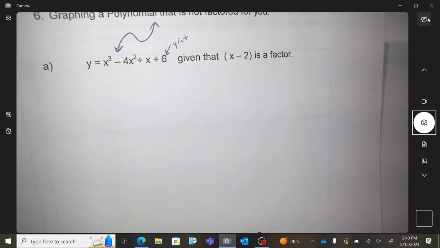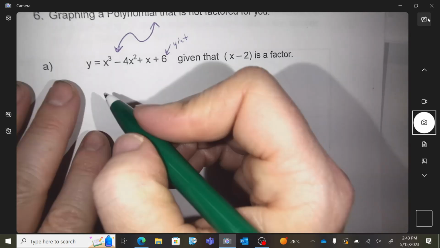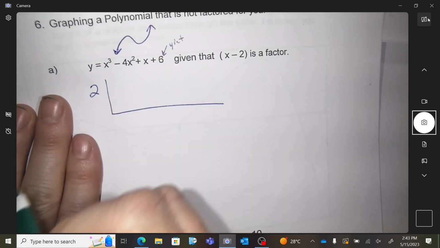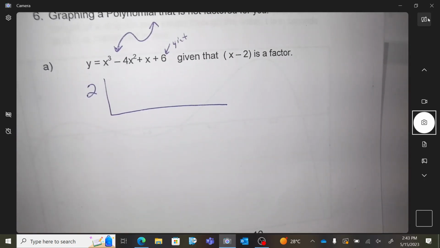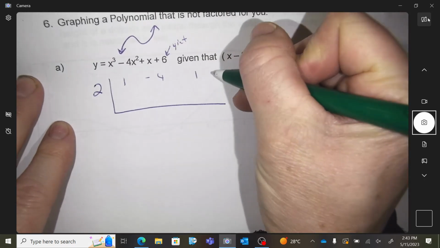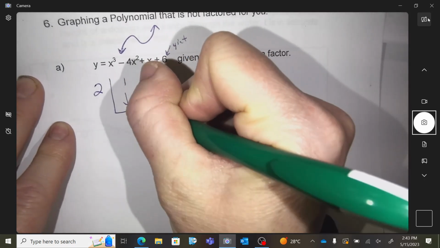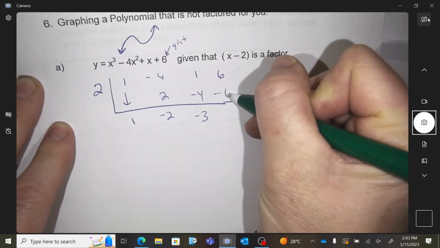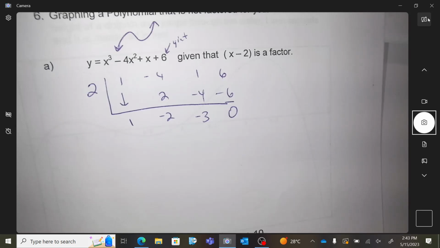Okay, let's synthetic divide. We're going to put a positive 2 on the outside. FYI, this has to come out to be 0 because it told me.